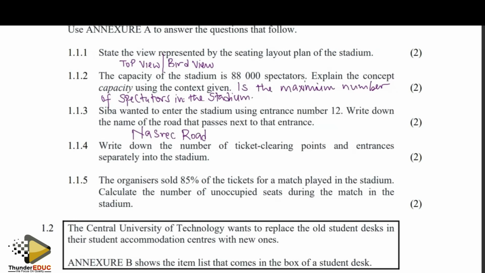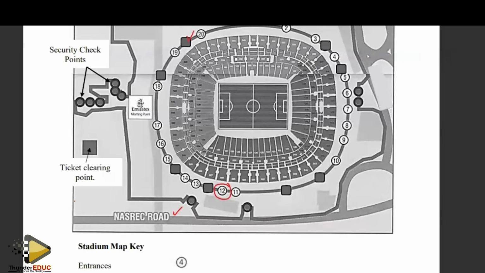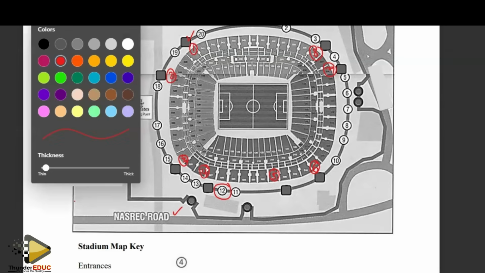Write down the number of ticket clearing points and entrances separately into the stadium. So the ticket clearing points, we come on the map and we see these are the ones: 1, 2, 3, 4, 5, 6, 7, 8, and 9. Okay, then we look at the entrances.